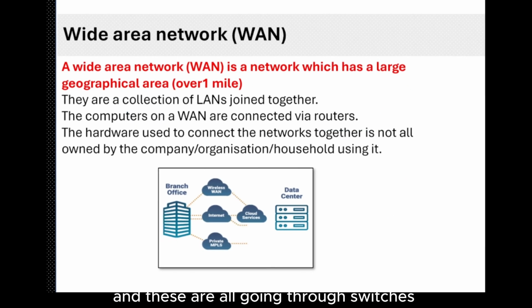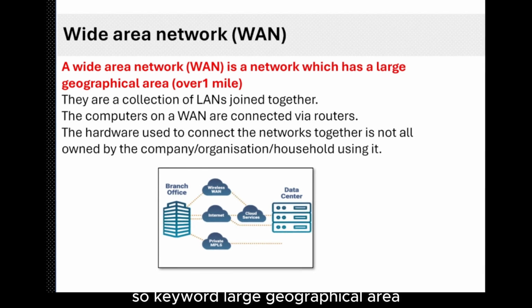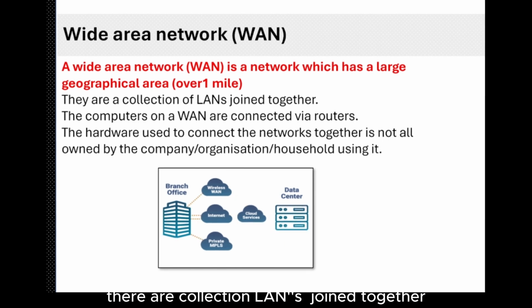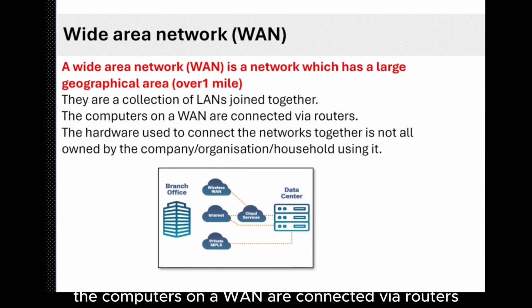So, WAN. What is WAN? A WAN is a wide area network which has a large geographical area. So, keyword: large geographical area. They are a collection of LANs joined together. The computers on a WAN are connected via routers.